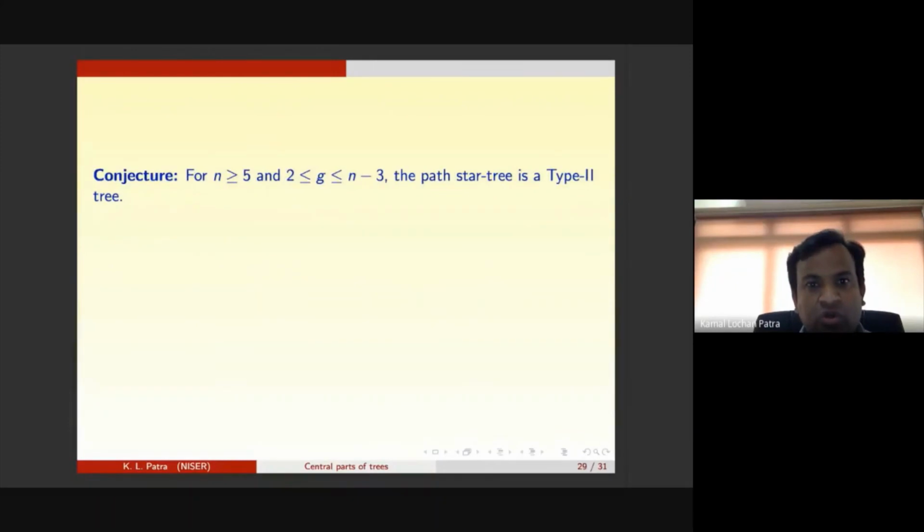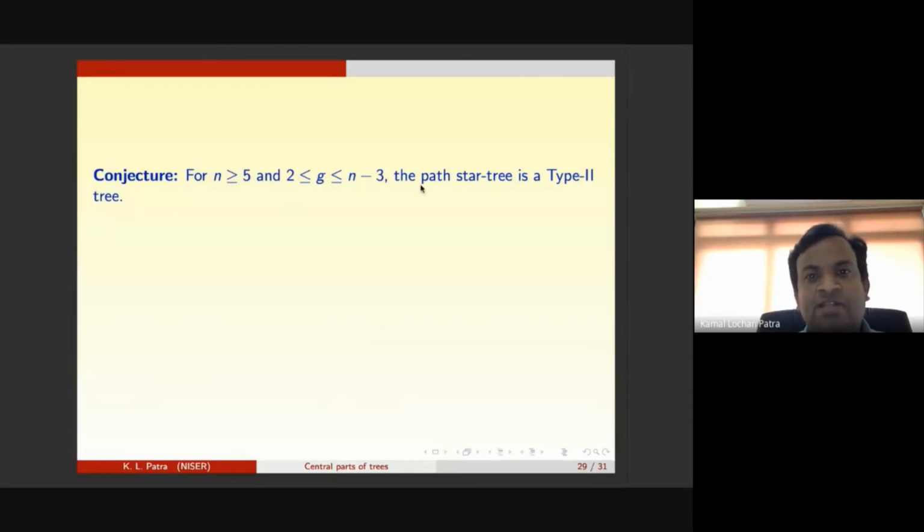To find this, we observed that if you take a path star tree, the characteristic set consists of only a characteristic edge.